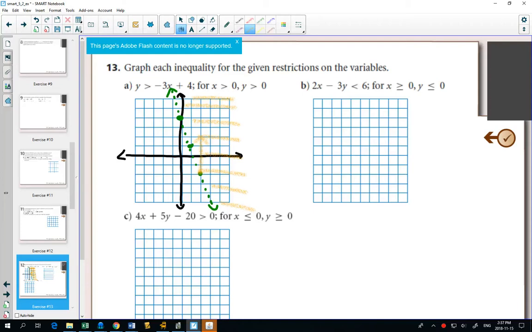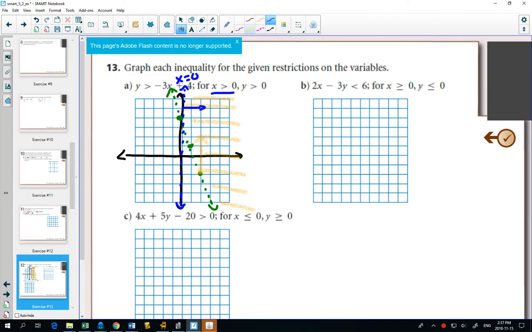The additional restrictions say x has to be bigger than 0. This blue line is the line x equals 0. Which part would I shade if I wanted to shade all the x values bigger than 0? To the right. So we'll also need to shade everything to the right.